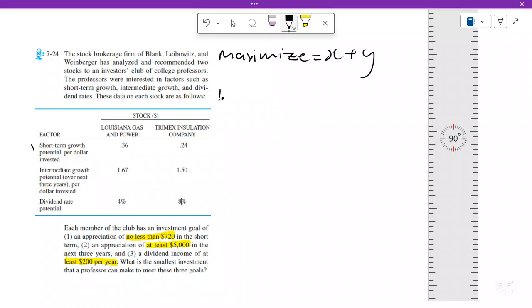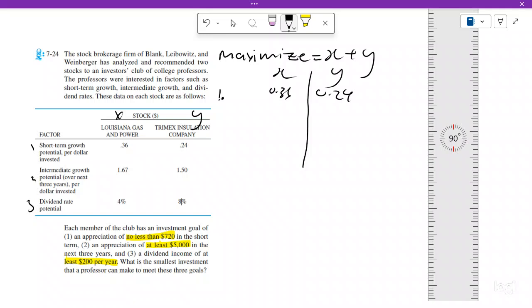Then on this side 1, 2, 3, 4, 5, 6. I need 1k, 2k, 3k, and 4k.